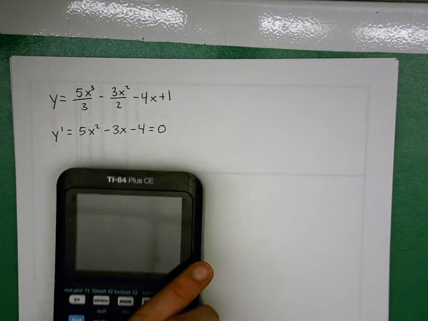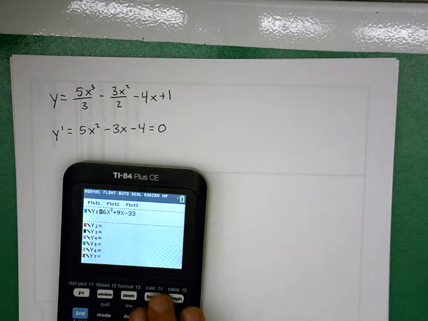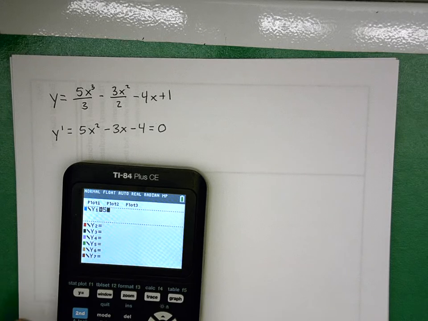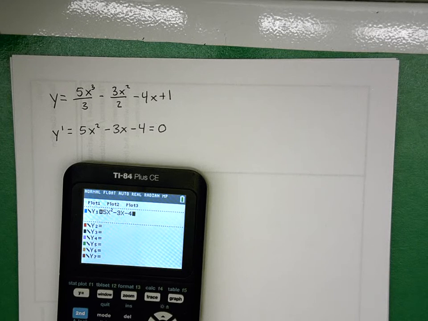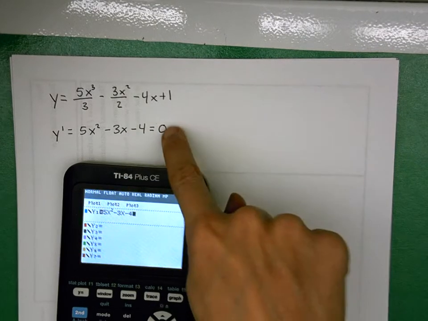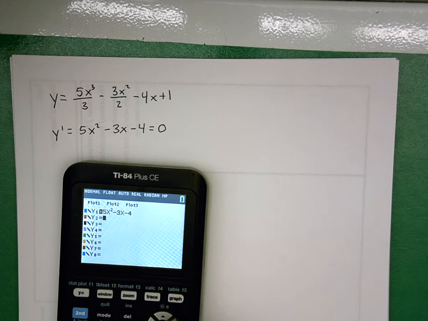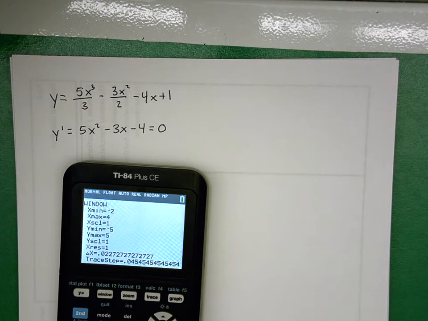So you're going to take your calculator, you're going to go to your y equals, and you're going to plug in 5x squared minus 3x minus 4. Plug in that function that I'm trying to figure out what its zeros are. And then for my window, because I don't really know what my zeros are, I want to make sure my window is big enough that I catch my zeros.